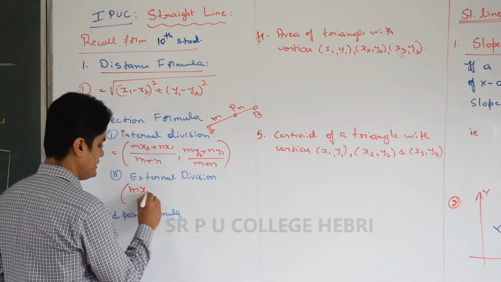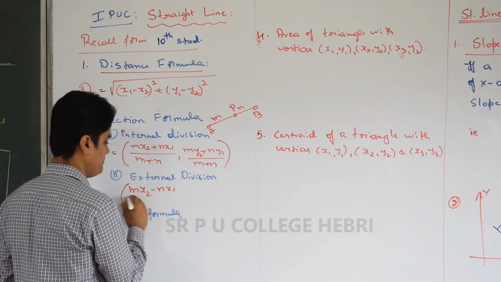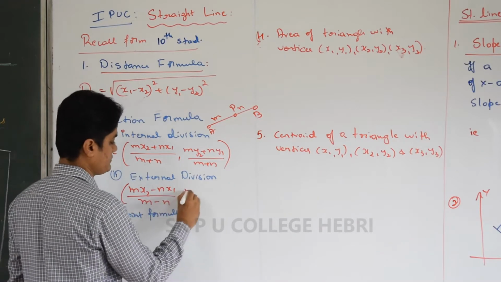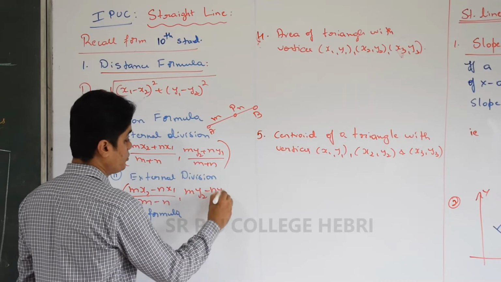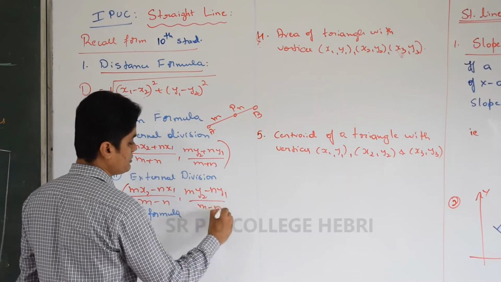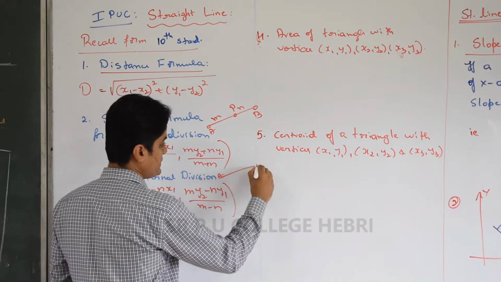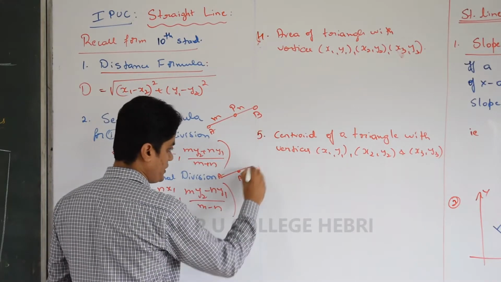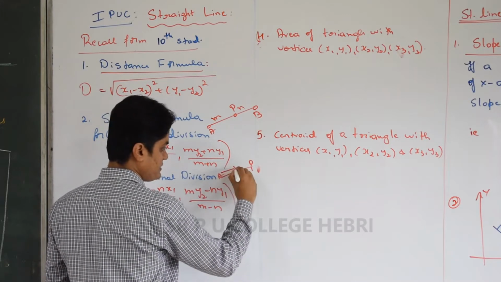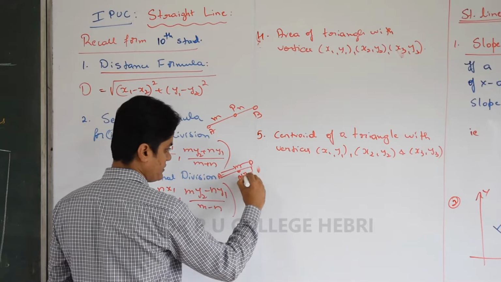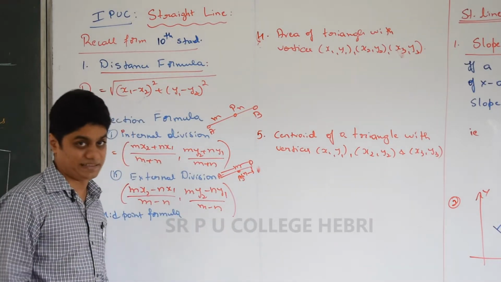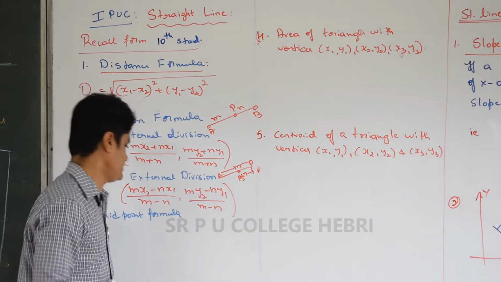In the formula only the sign changes, plus to minus, that's it. The point lies outside, remember, like this. Here is A, here is B, and point P will be here, and this distance is m, this distance is n. I'm not teaching anything new, I'm just recalling from 10th standard, okay.